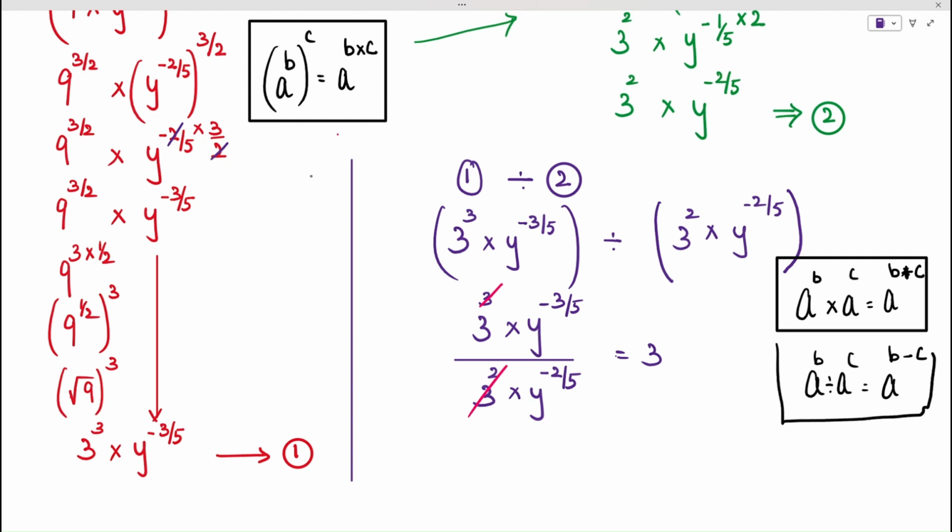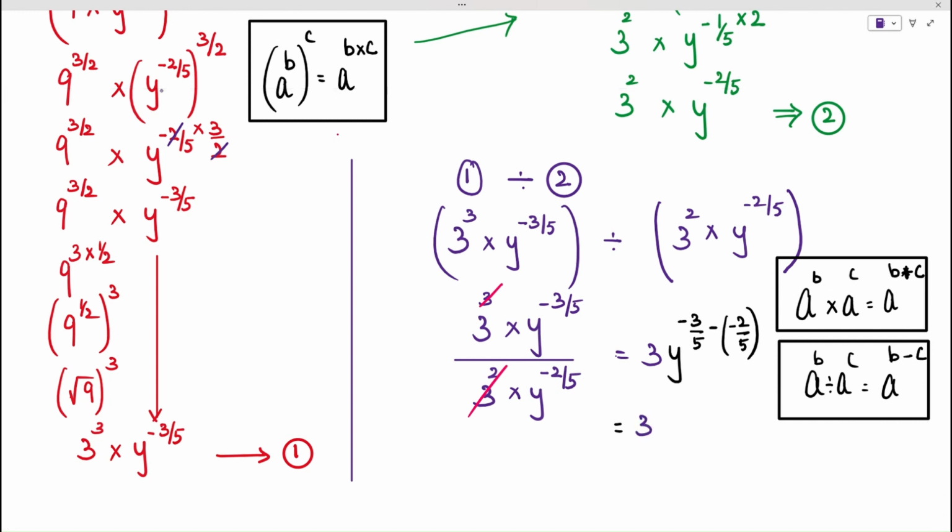So we get y to the power of minus 3 over 5, divided by y to the power of minus 2 over 5, because we now subtract the indices of the y value in the denominator from the indices of the y value in the numerator.